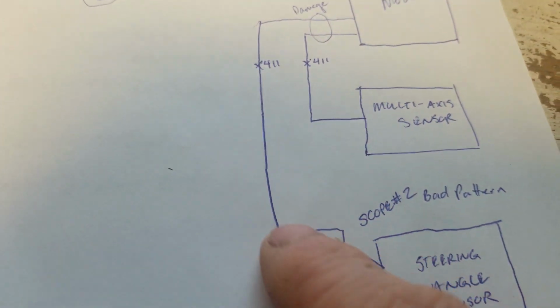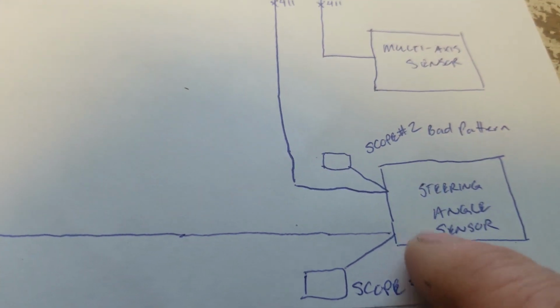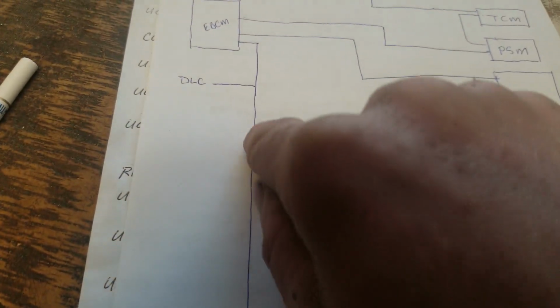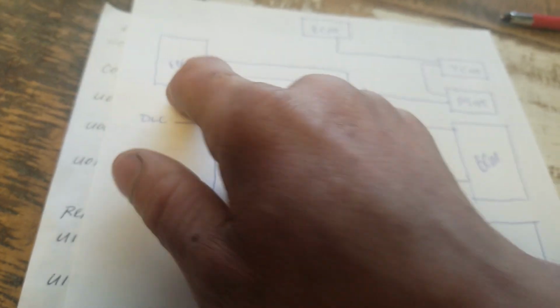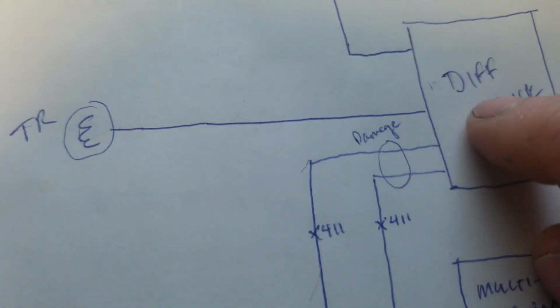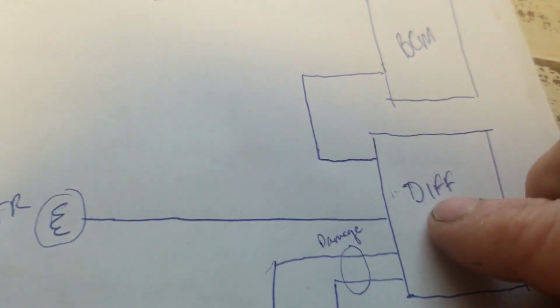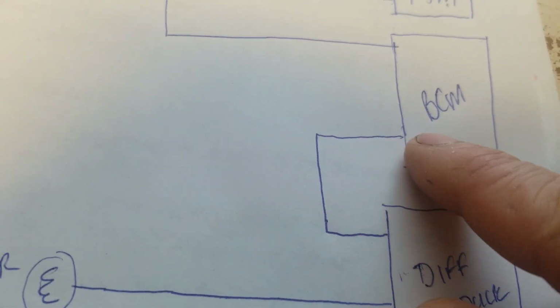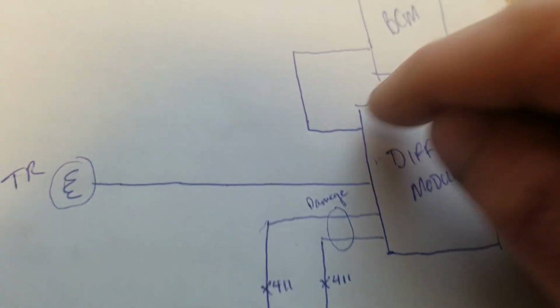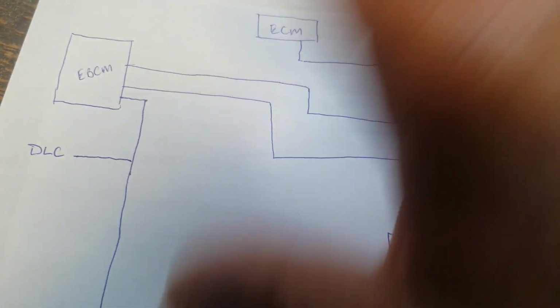The steering angle sensor module then relays that information up into our scan tool and to our electronic brake control module. I know that's confusing because you may wonder, how do you know it doesn't go up to the BCM? I don't. It could very well be sending information for the multi-axis sensor up and through the BCM and from the BCM to the EBCM.